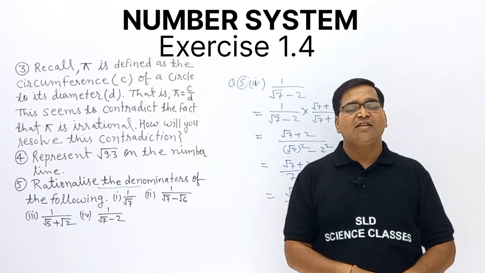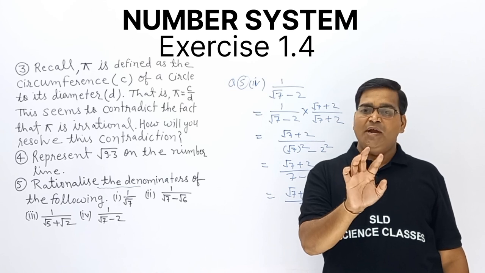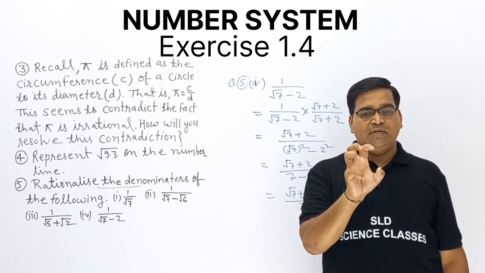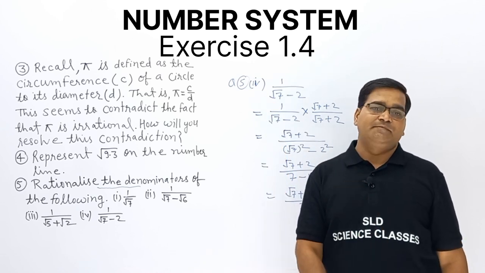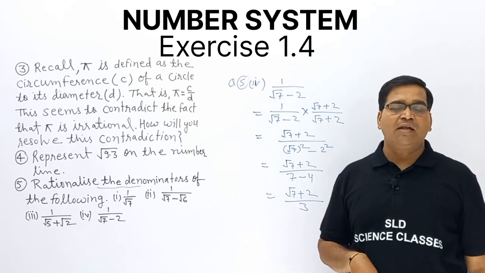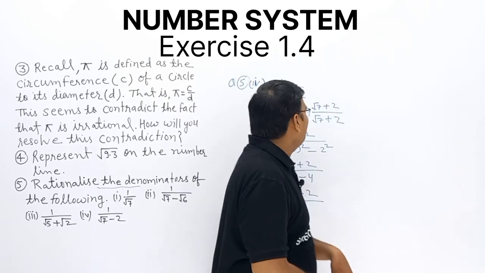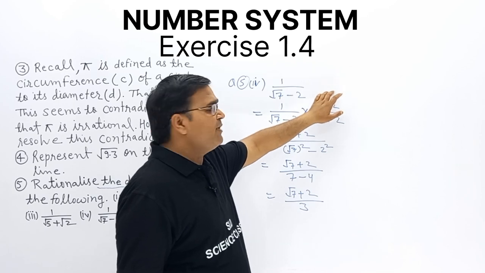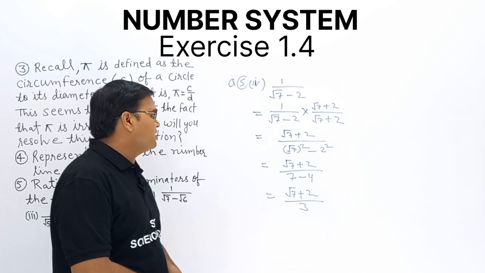If we have only a single term in the denominator, no addition or subtraction, then we directly take that number and multiply and divide by it. Clear? But if addition and subtraction forms are given, then we take the conjugate of the denominator. Conjugate means if negative is in the denominator, we take positive, multiply and divide, and if positive is given, then we take negative. This is the rationalization process.